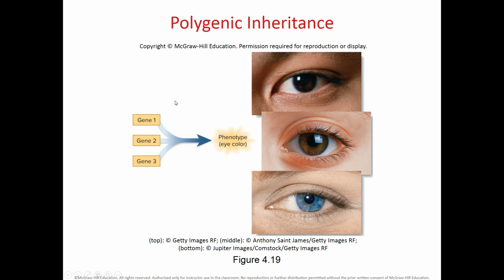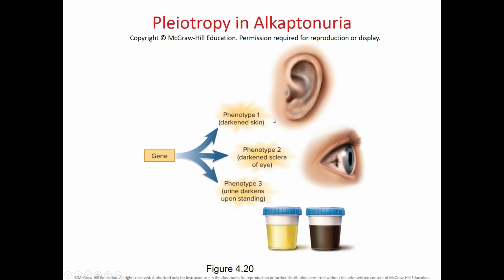So this is polygenic inheritance. We have genes at different locations in the genome, like genes 1, 2, and 3. This is just a representation that affects a single phenotype, which is eye color. And then you can have pleiotropy, in which a single gene can produce effects on different areas of the body.